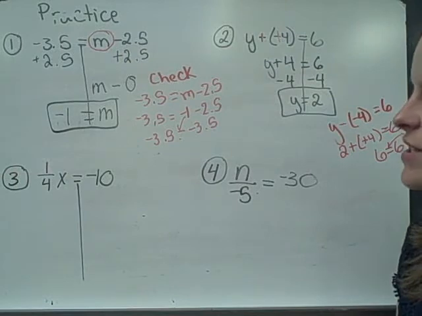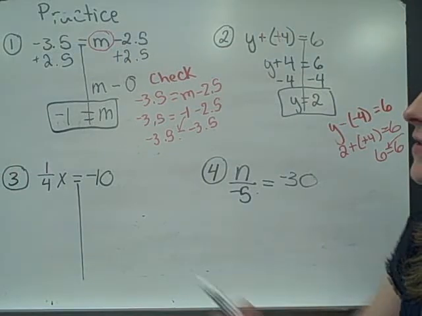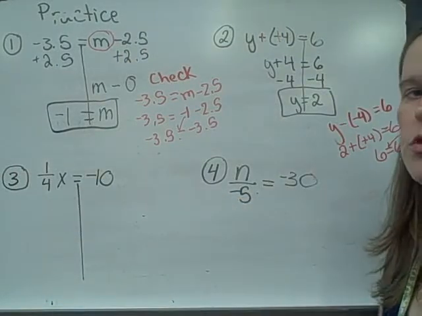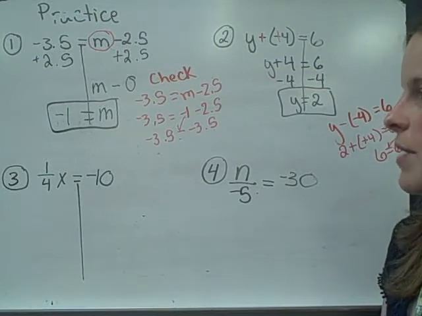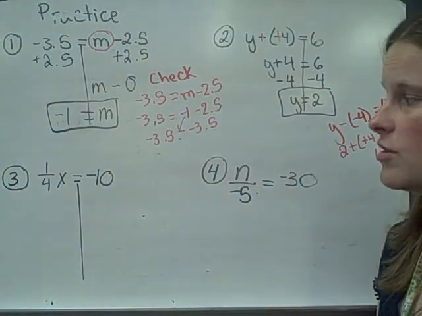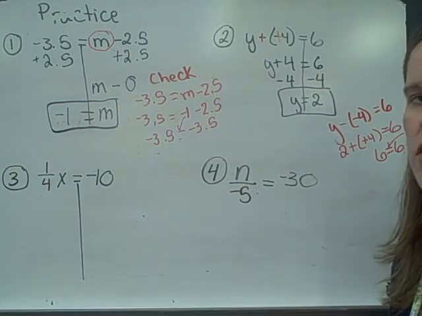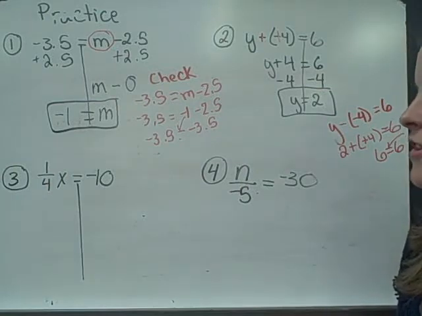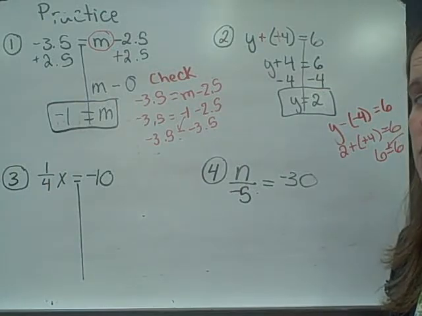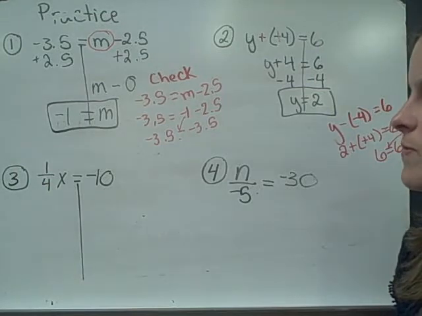1/4 x equals a -10. Again, if we have something like this with a fraction and a variable being multiplied, let's go ahead and multiply by the reciprocal. Really, you are dividing by 1/4, but when you divide by 1/4, isn't that the same thing as multiplying by the reciprocal, if you remember your division rules?